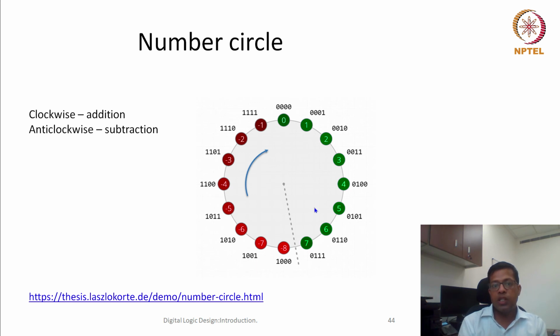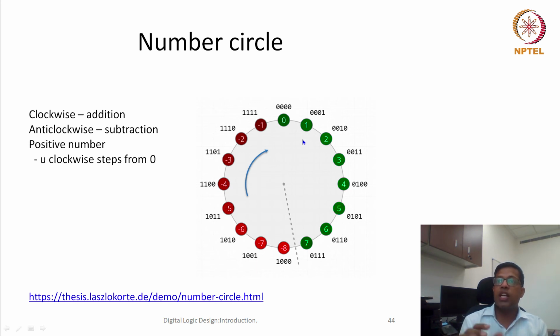The other observation is if I want to get a representation of a plus number or a minus number. Let's say I want to see plus 4. I can go in a clockwise direction from the 0: 1, 2, 3, 4.